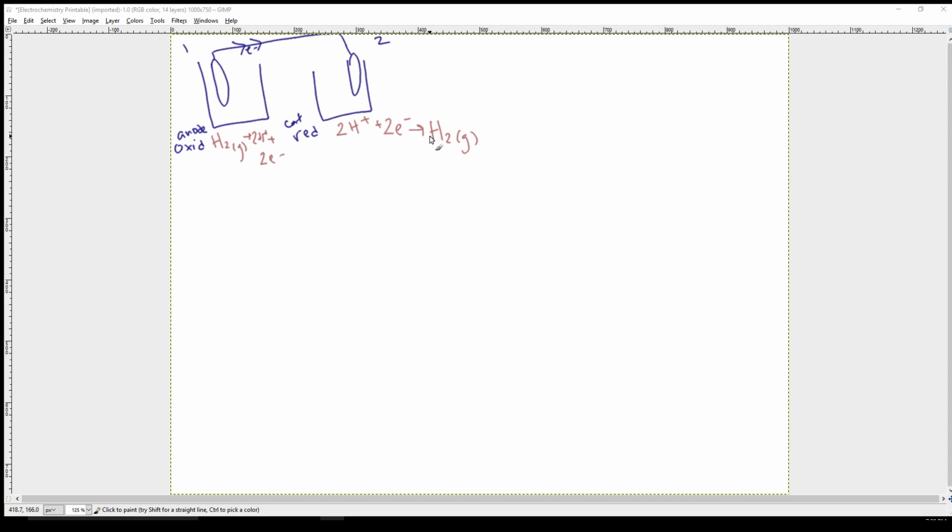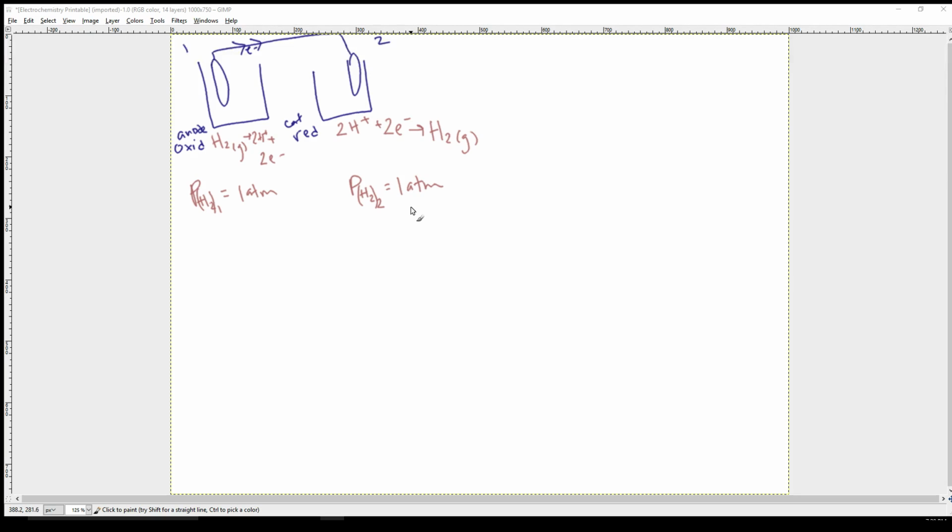All right. We have some more information. They told us about pressures. They told us that the pressure of the first electrode of hydrogen, so the pressure of my H2 at electrode 1, is equal to 1 atmosphere. They told us the pressure of H2 at electrode 2 is also equal to 1 atmosphere.